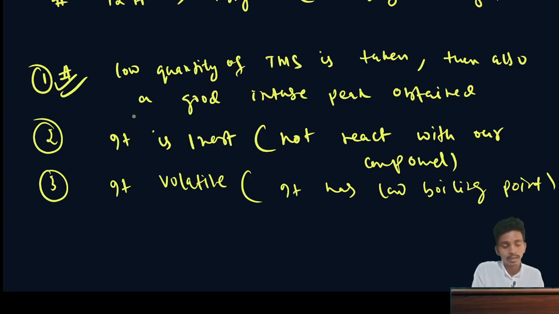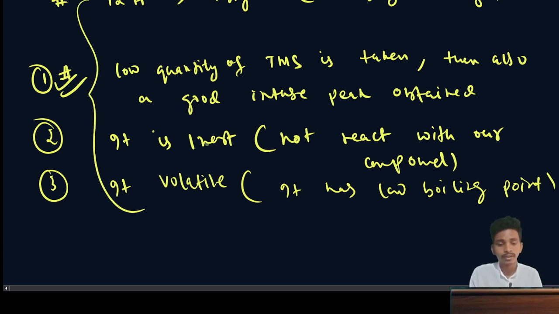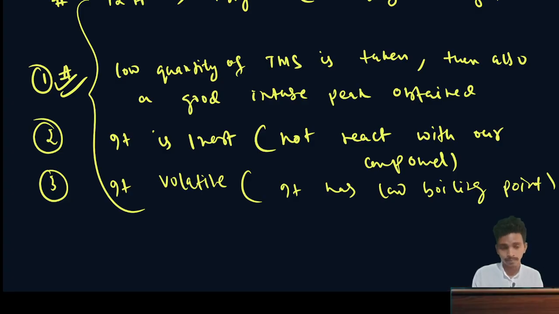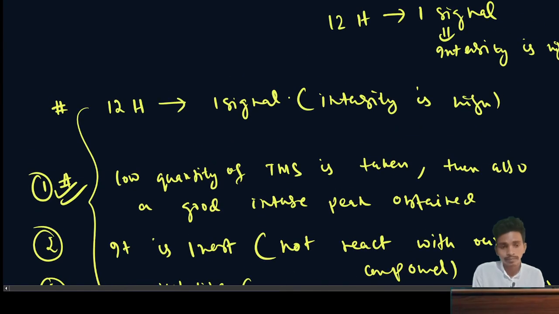That is the reason why we take TMS as a reference, because we get a very high signal even if we take a very small quantity of compound.